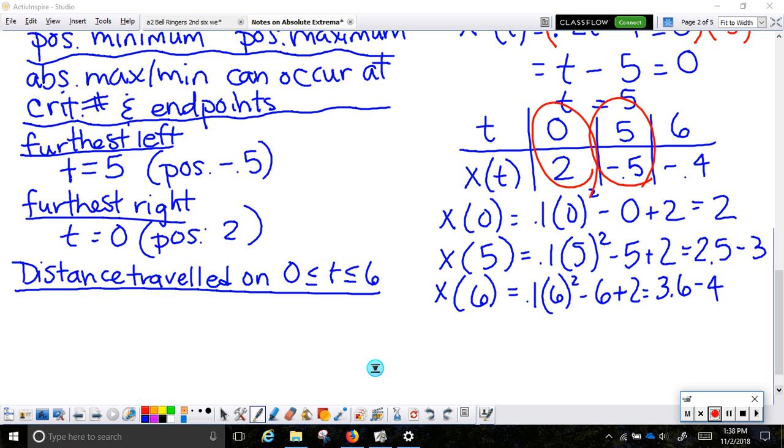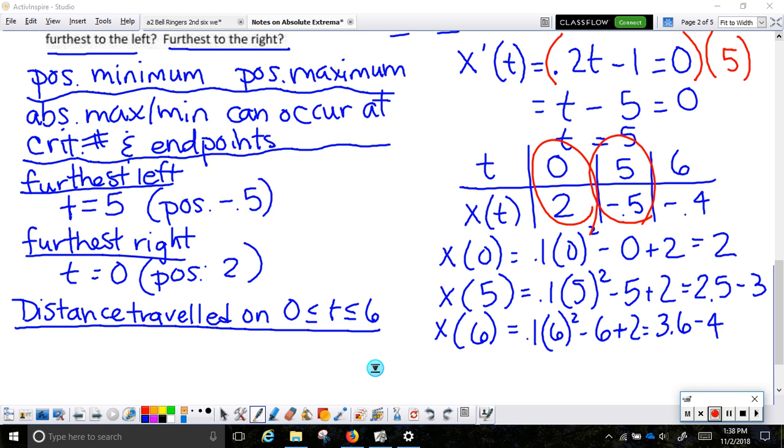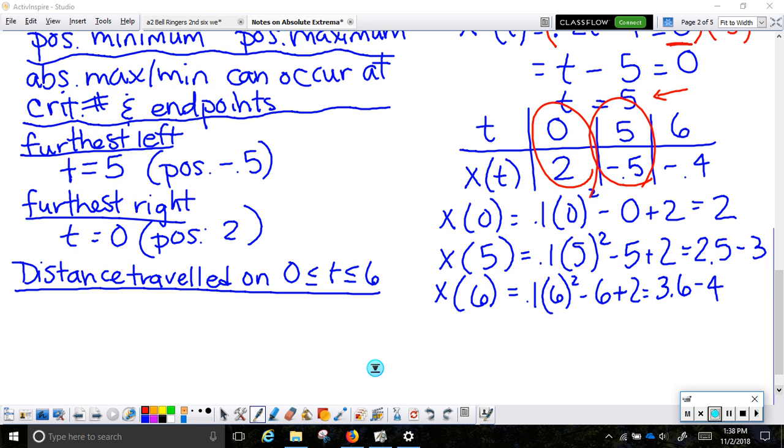Okay, so the derivative of position is velocity. So we set this velocity function up here equal to 0, and we solved it to get our critical number. So this is the only time that the particle is at a velocity of 0, since the derivative equals 0. So that's the only time the particle changes direction.